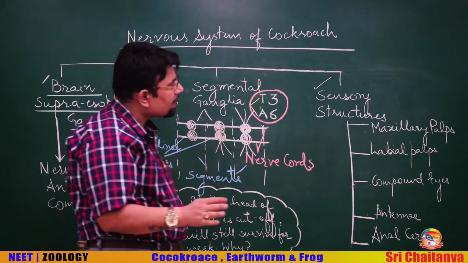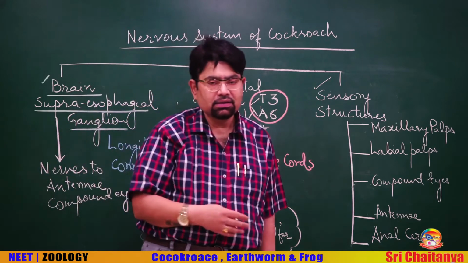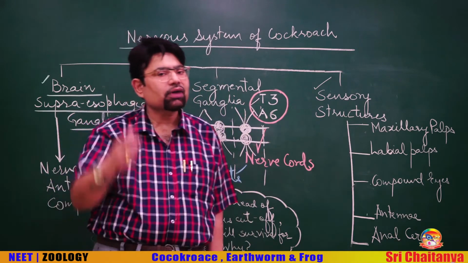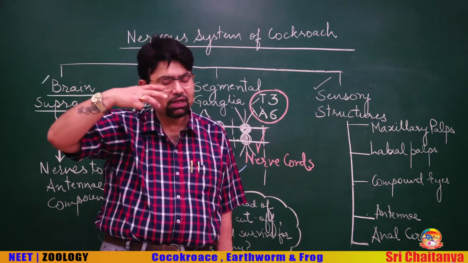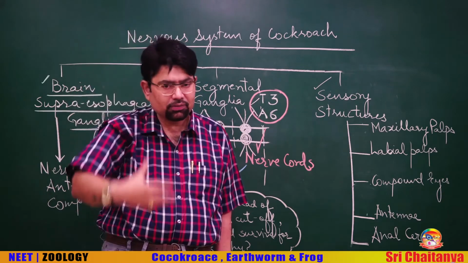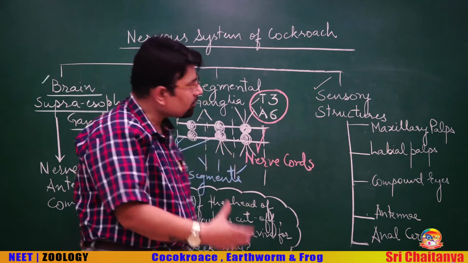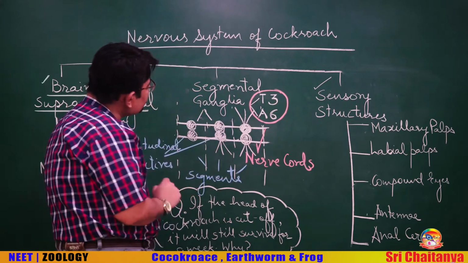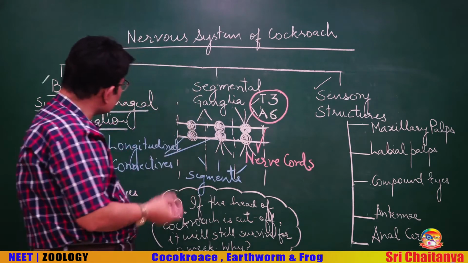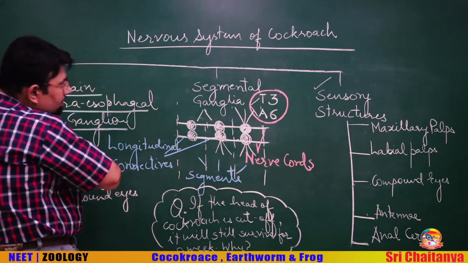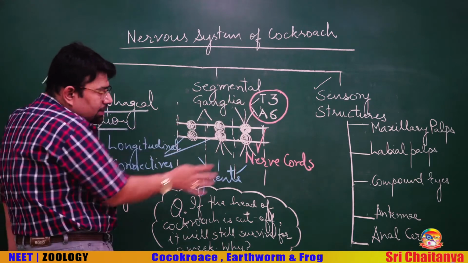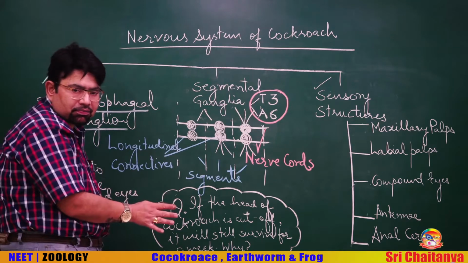As you can see, unlike us, whose brain is mainly confined to the cranial region and is the main control center of the body, such an arrangement is not there in insects and in cockroach. In fact, the nervous system is diffusely present throughout the body.